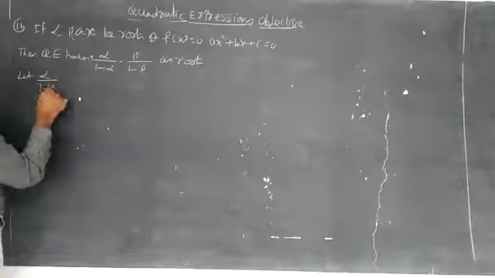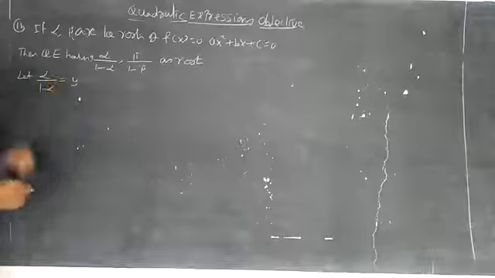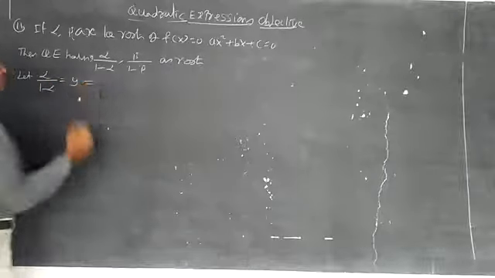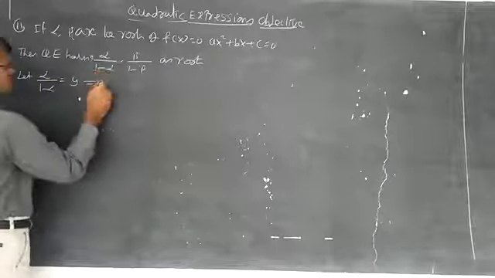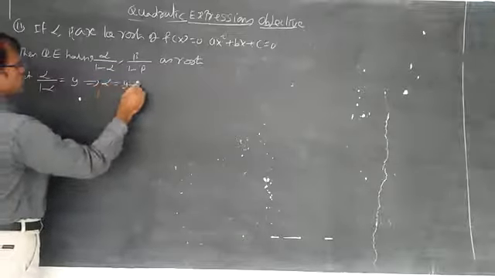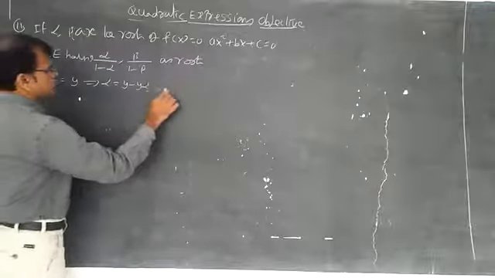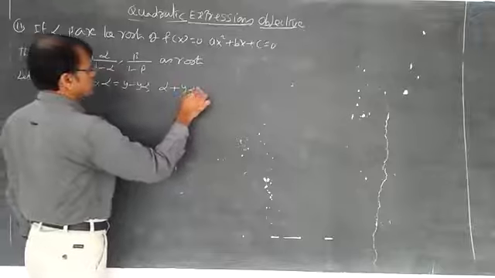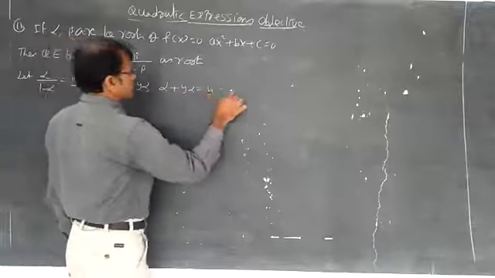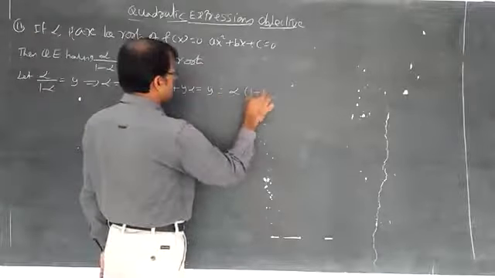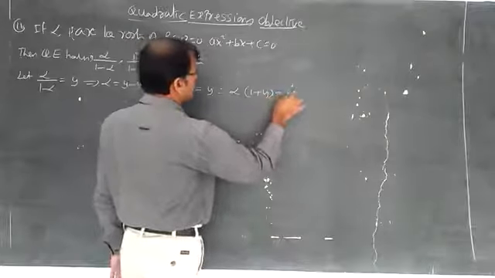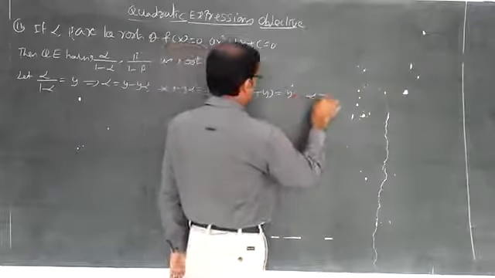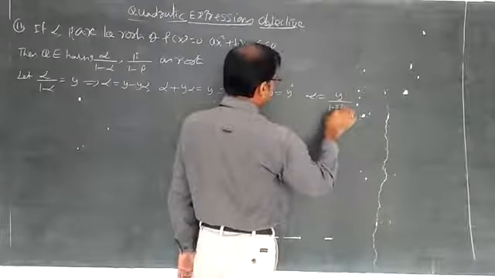Let alpha by 1 minus alpha be equal to y. Take alpha as the subject here. So alpha is equal to y minus y alpha. Alpha plus y alpha is equal to y. Therefore, taking alpha common, alpha times 1 plus y equal to y. Therefore, alpha is equal to y by 1 plus y.